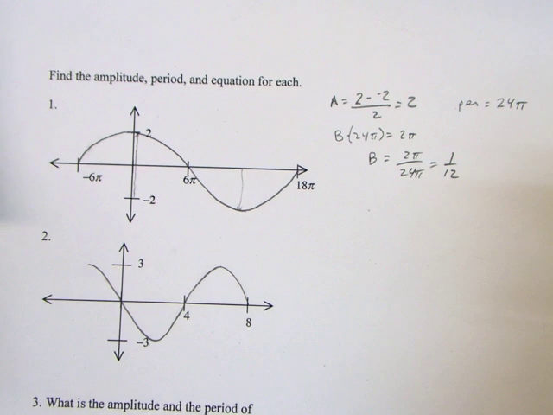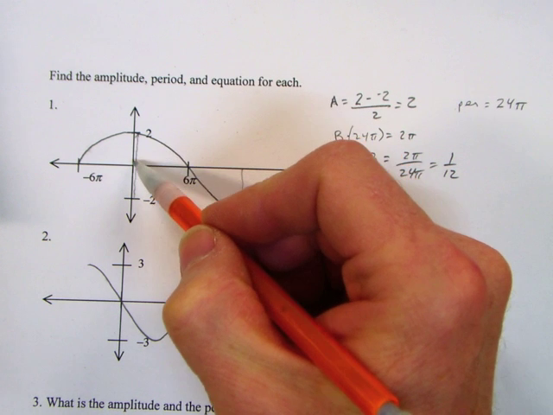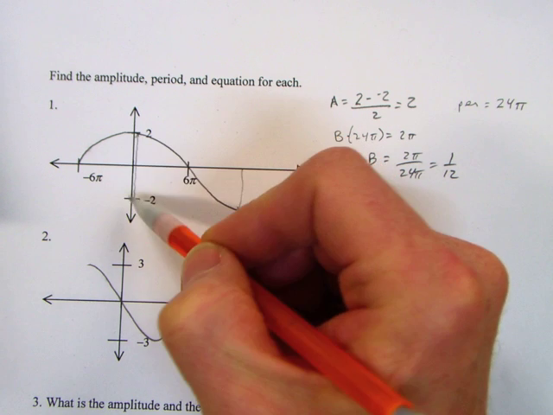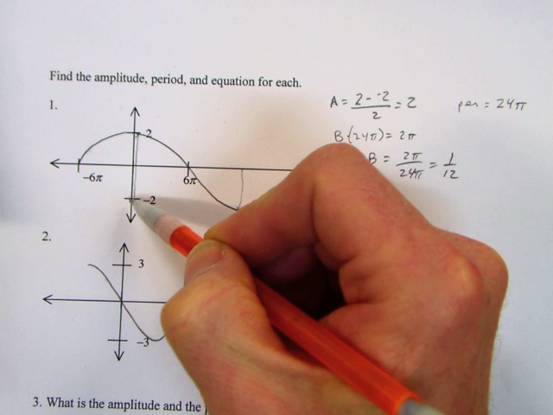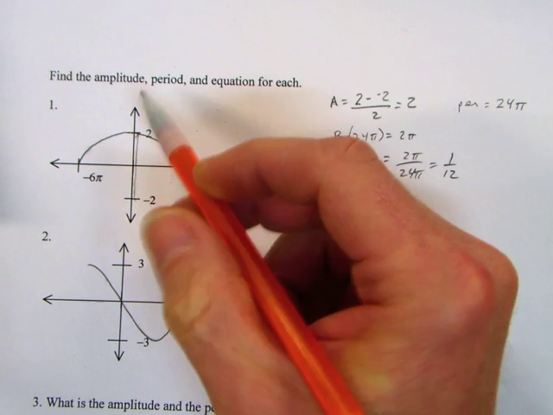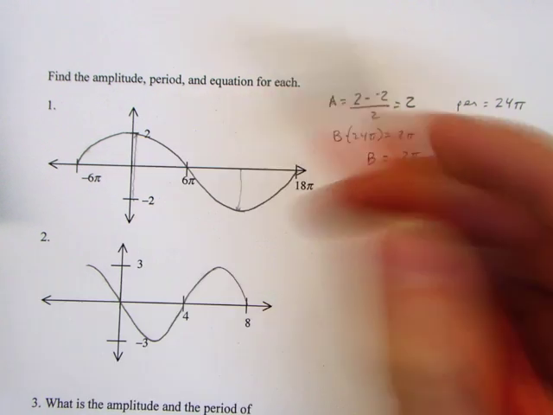Where does sine start? Sine starts in the middle. Where does cosine start? It either starts at the max or the min. If it starts at the min, that would mean it would have a negative a value. In this case, it starts at a max, so we're going to deal with cosine.